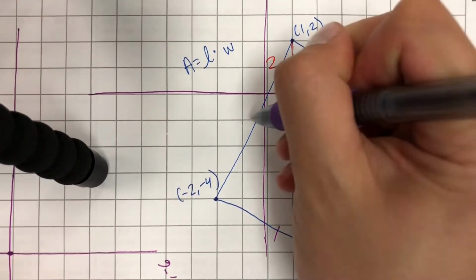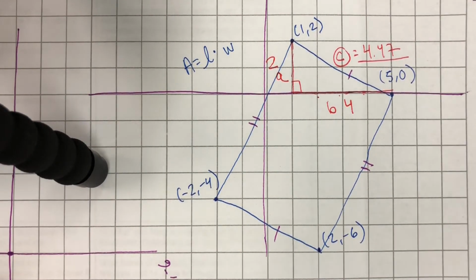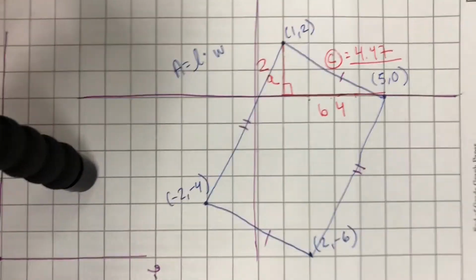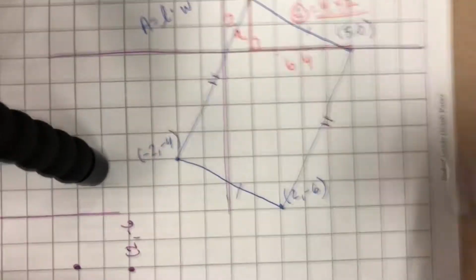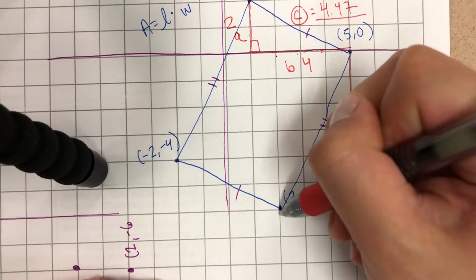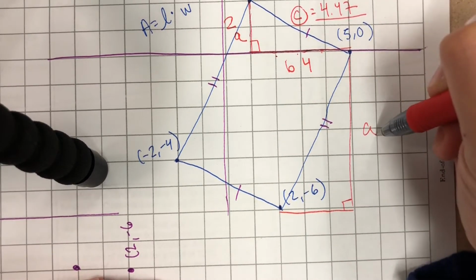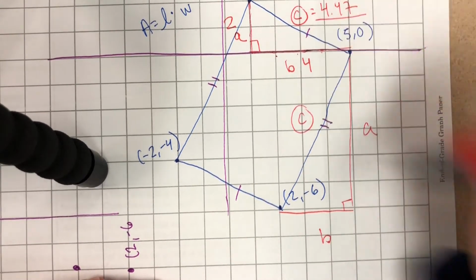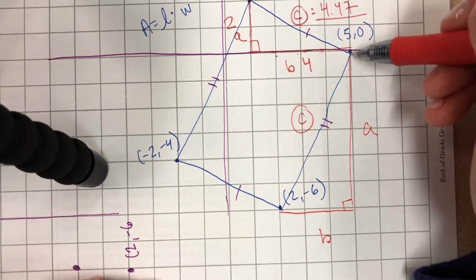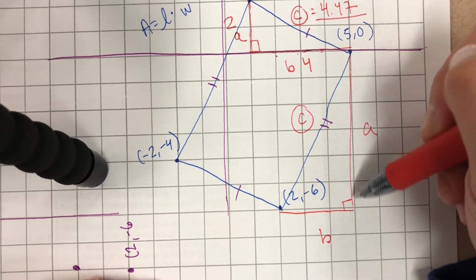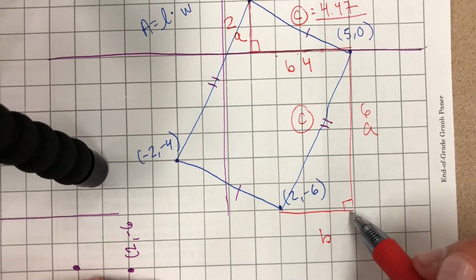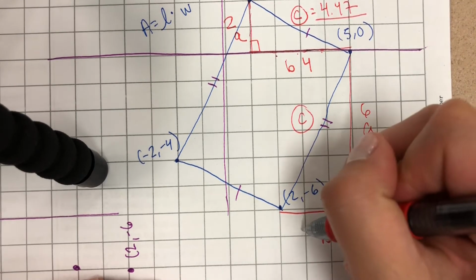I need to solve these two sides. So again, let's do this side. This forms a right triangle as well. I have A, I have B, and I do not know C. I can just count what A is: 1, 2, 3, 4, 5, 6, so my A value is 6. My B value is 1, 2, 3.